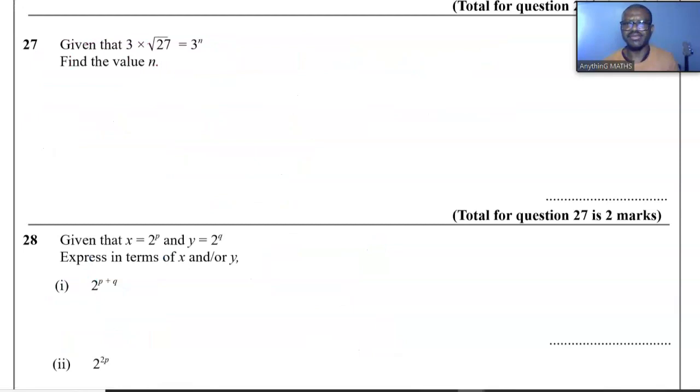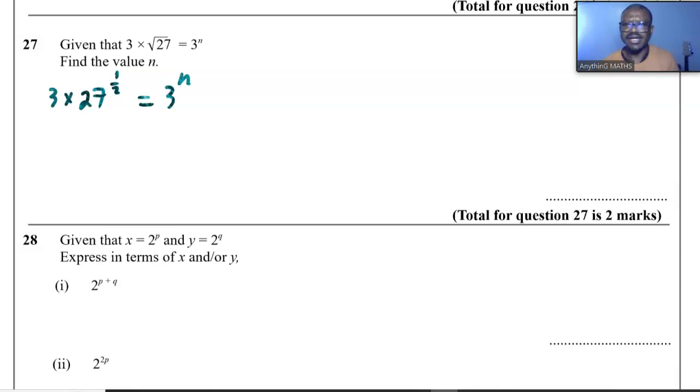Given that 3 times root 27 is equal to 3 raised to the power n, you're supposed to find n. We can rewrite the equation as 3 times 27 raised to the power half should be equal to 3 raised to the power n.